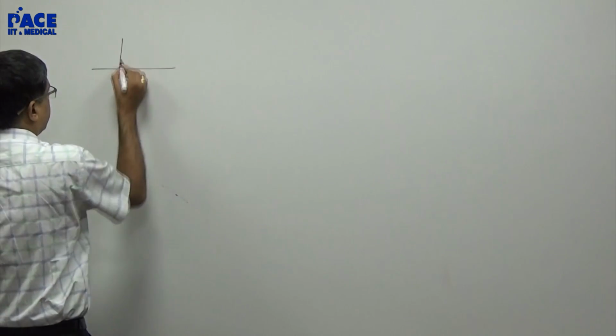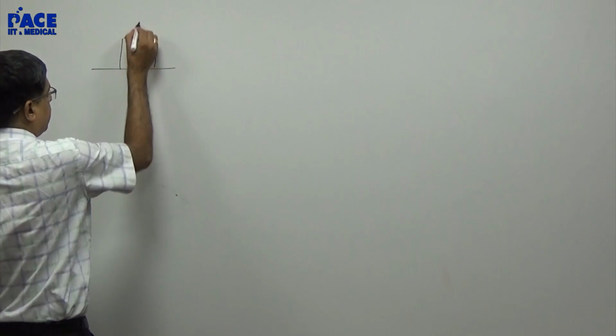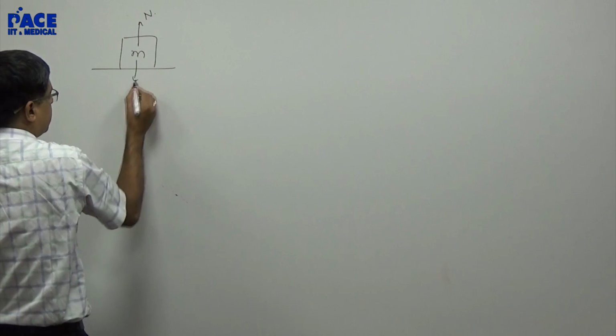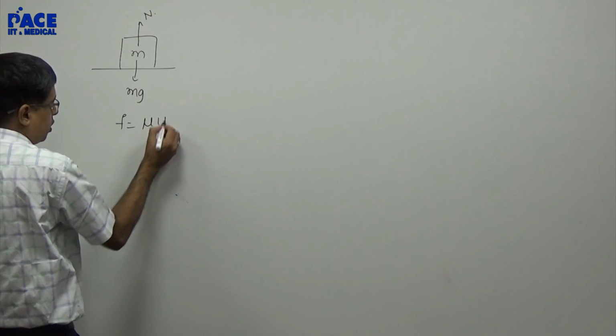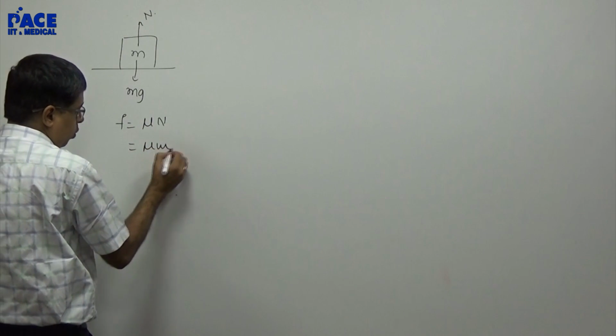Now listen, what did you mean by the limiting value of friction? You told me frictional force is mu n, and you are calling it the limiting value. That means if you have a mass m here, the normal force is mg. The frictional force acting on this block is mu n, which will be mu mg.